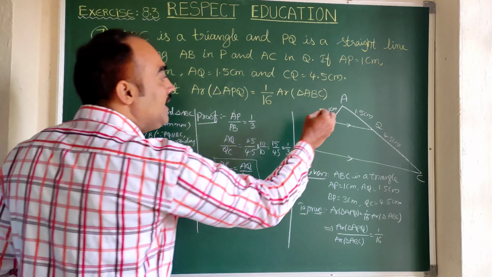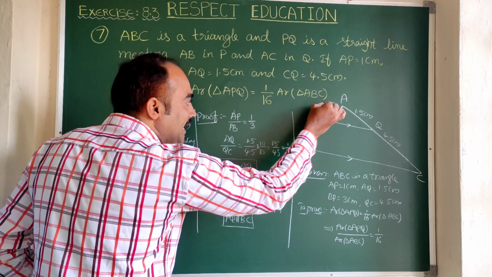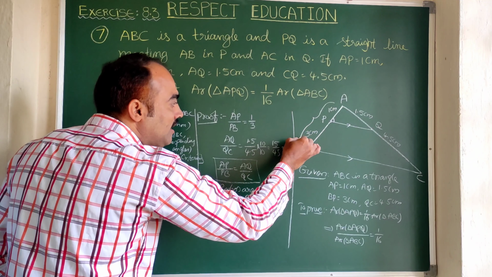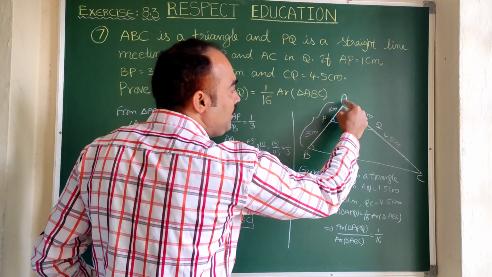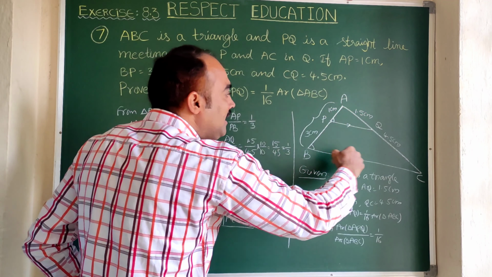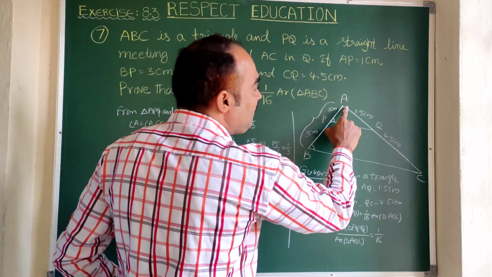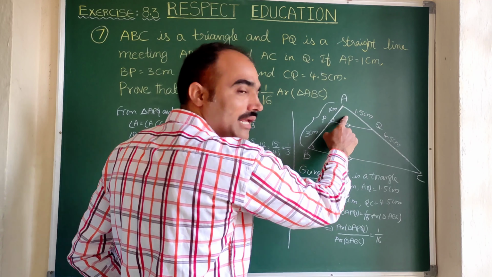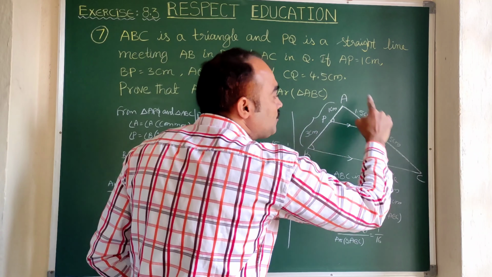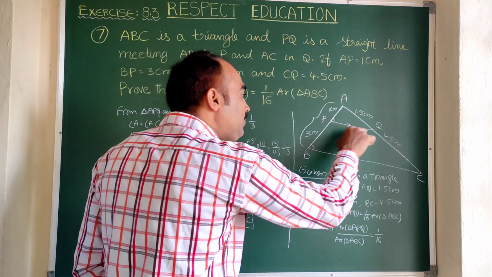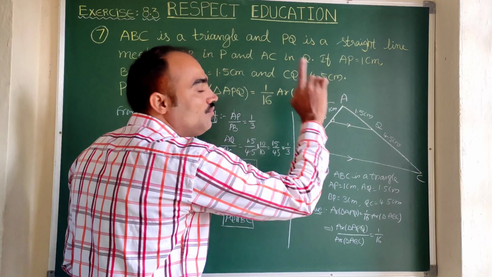When I take AP as the side of APQ, then AB will be the corresponding side of ABC. Hope you are following me. If I take AQ from triangle APQ, the corresponding side from ABC will be AC. Same way, if I take PQ, then BC is the corresponding side. But here these values are not given, so we need to go for the other option.